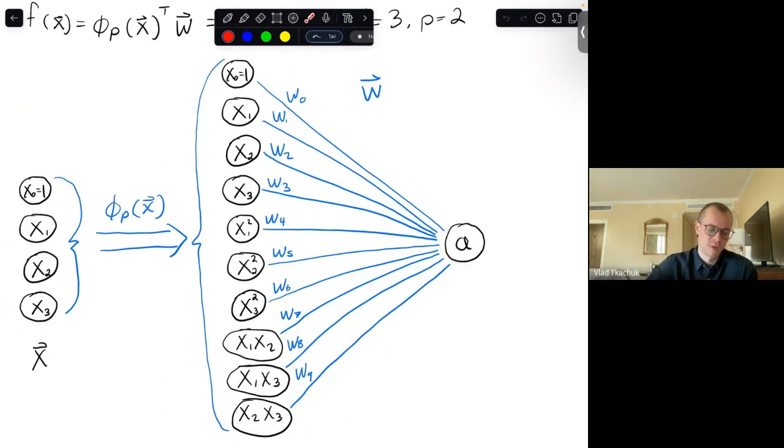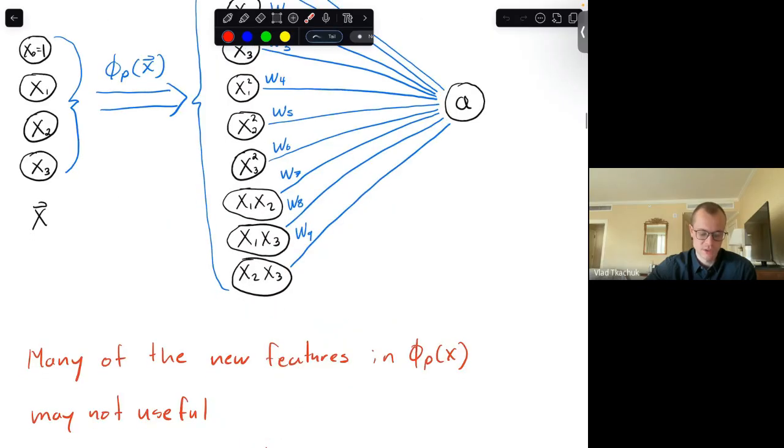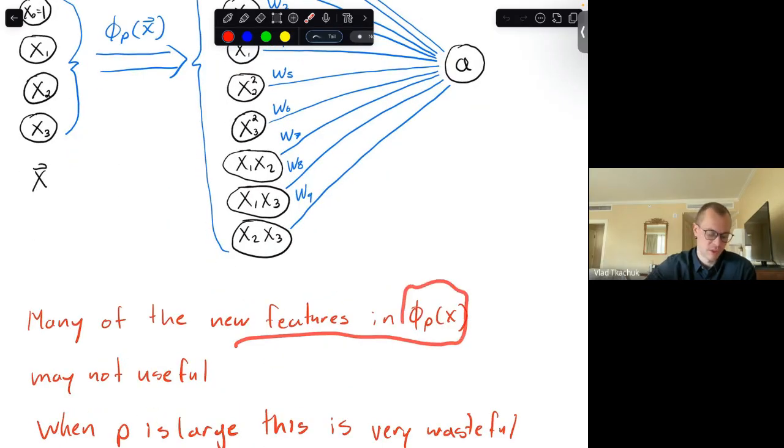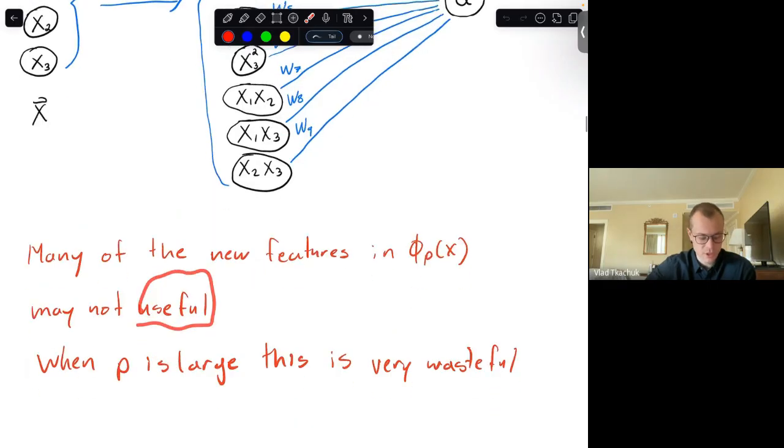So you might choose to map them through this polynomial function. But this choice might be wasteful in the sense that you may end up mapping to all sorts of features that you don't actually need to represent the corresponding function of interest. And so many of the new features in this polynomial map can be wasteful or not very useful, in particular when the polynomial degree is very large.